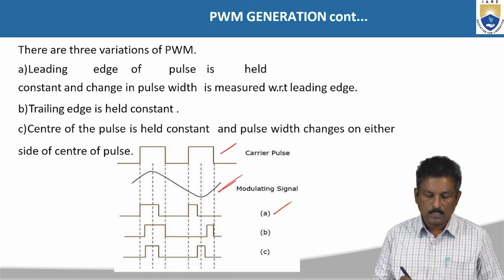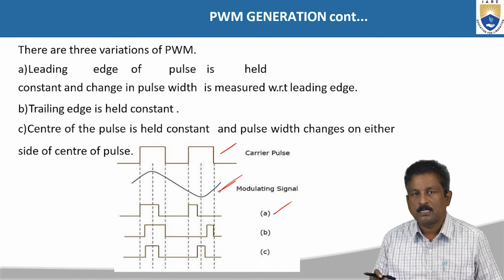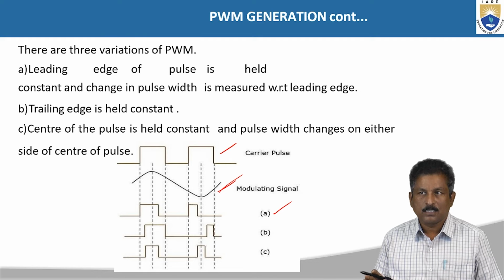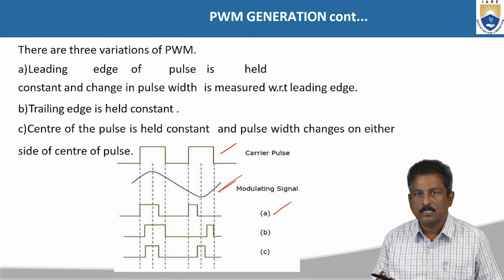So here we are going to take the three cases. The aim is that the width of the pulse can vary according to the instantaneous value of the modulating signal. Am I correct? So that is the case here. The change of the width of the pulse can be done in three ways. One is making the leading edge constant and moving the trailing edge.